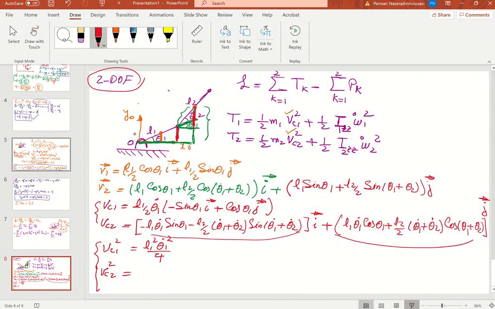So this square is L1 square theta dot 1 square. I'm just doing it in my brain, okay? Plus L2 square over 4 times theta dot 1 plus theta dot 2 square.